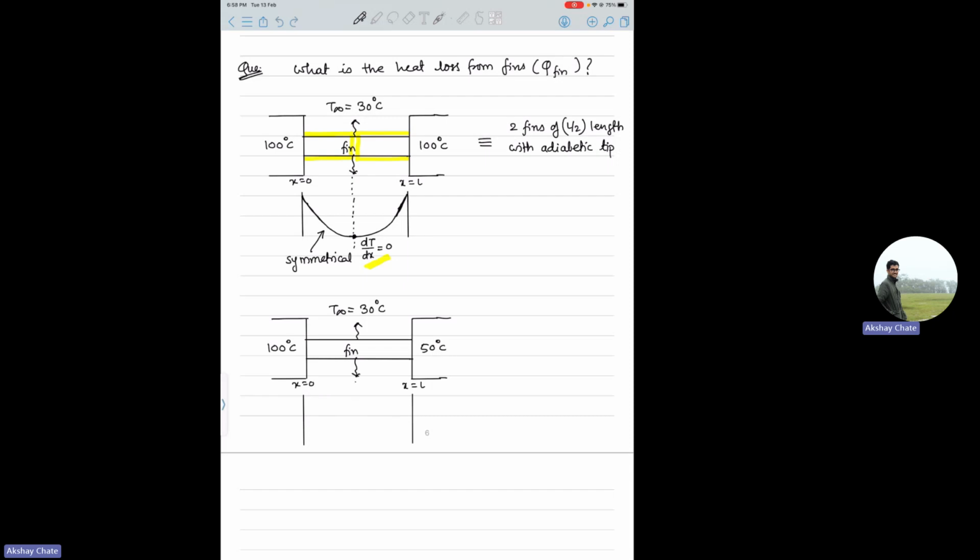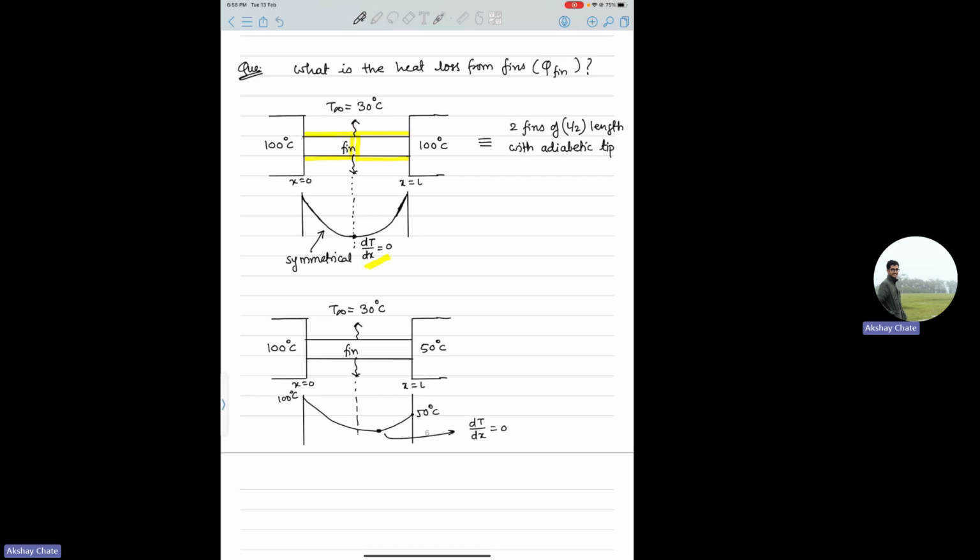If this is your midpoint, somewhere here your slope will start to increase again. So it will be something like this. This is your 100 degrees Celsius, this is your 50, and this will be the point where dT/dx will be 0.